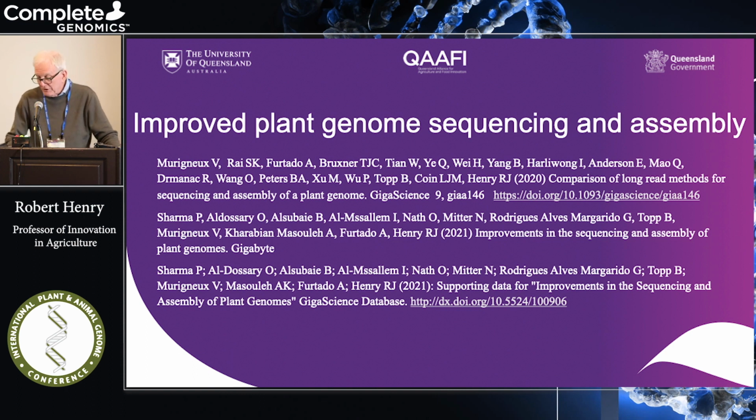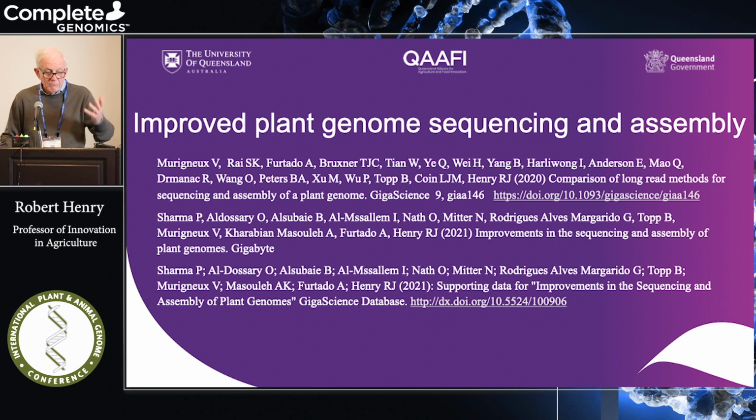Since we needed to do it, we chose that, and we've subsequently used this same model and iterated it with each version of the technologies that have become available, the improvements in the chemistry in some of the platforms, and of course the also very important improvements in the software tools available for assembly and annotation of genomes. And I have to say, there's been a real revolution in the last couple of years.